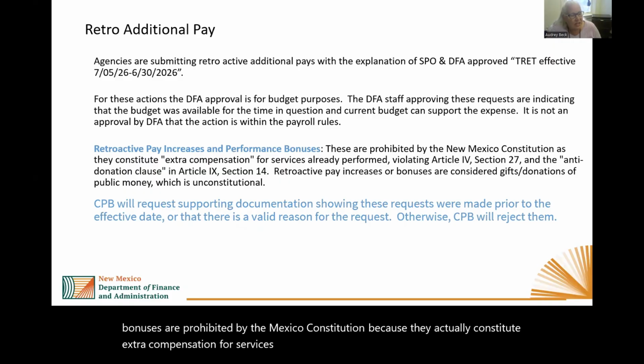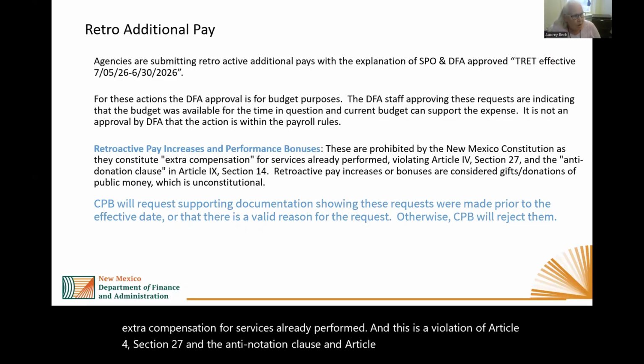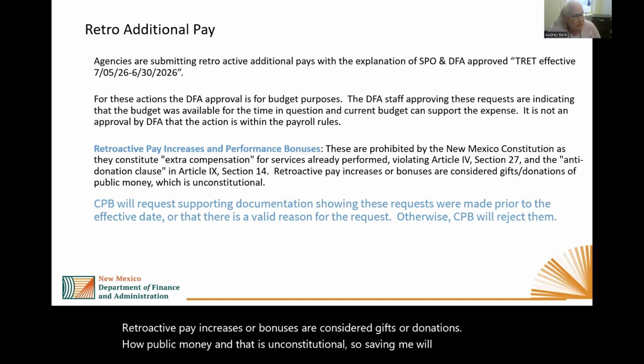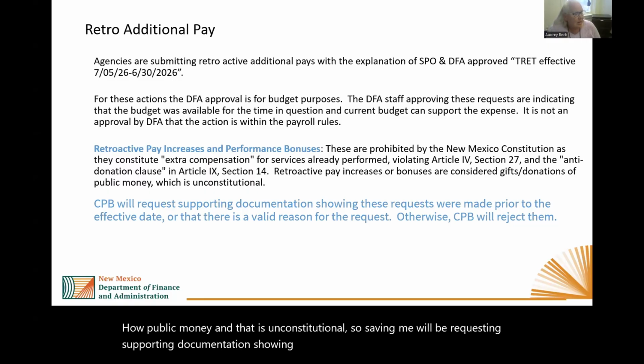This is a violation of Article 4, Section 27, and the anti-donation clause in Article 9, Section 14. Retroactive pay increases or bonuses are considered gifts or donations of public money, and that is unconstitutional. So CPB will be requesting supporting documentation showing that these requests were made, for instance, prior to the 7/5/25 date.